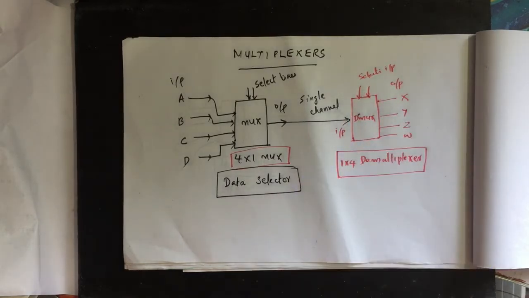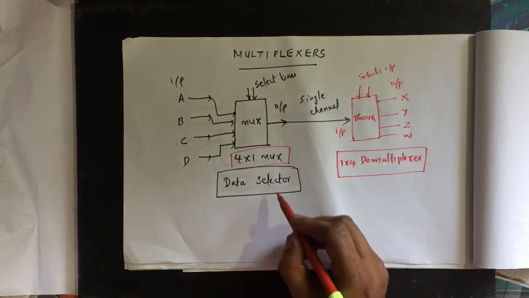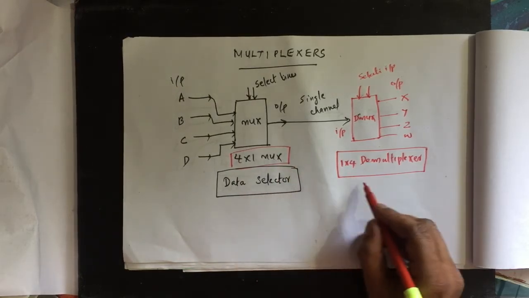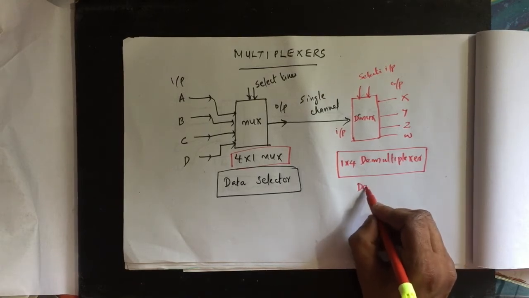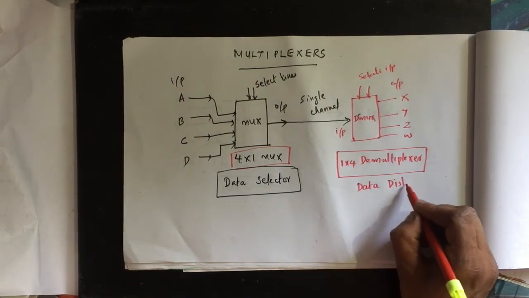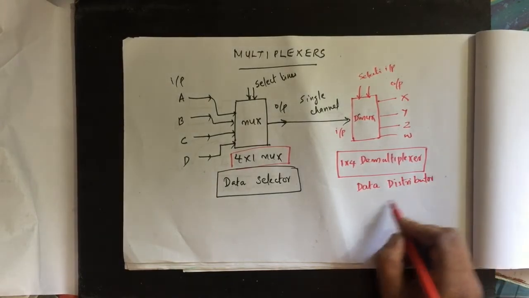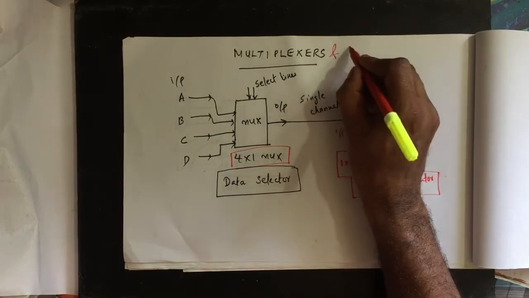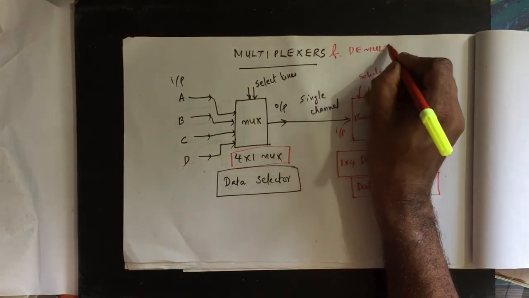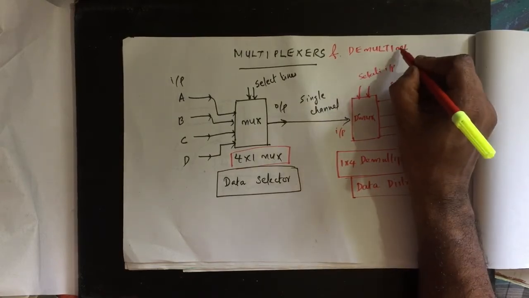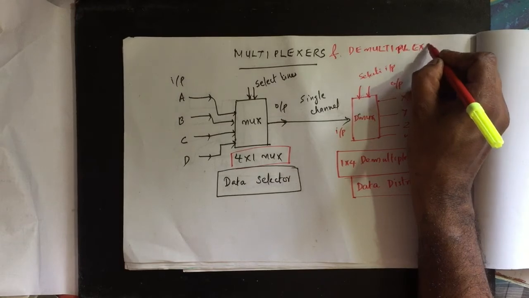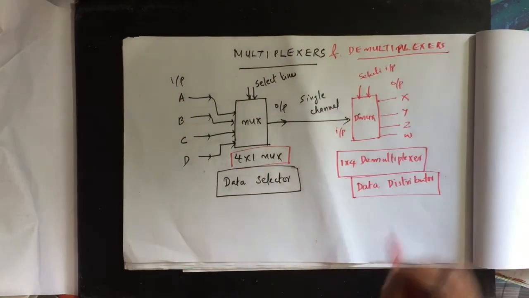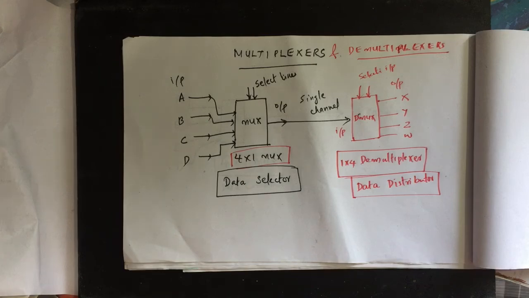So a multiplexer is a data selector and a demultiplexer is a data distributor. What we learned now is the multiplexer and demultiplexer. This is the basic concept: a multiplexer is a data selector and a demultiplexer is a data distributor.